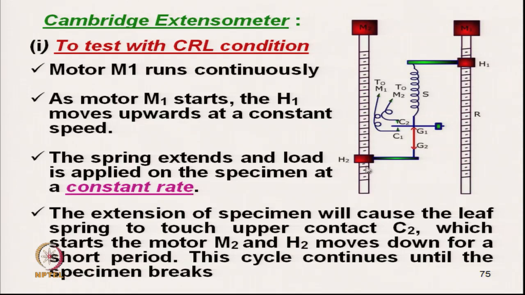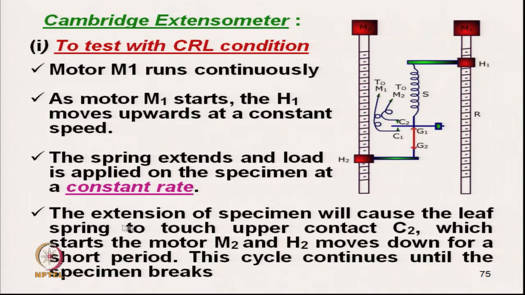When it is moving downward, the leaf spring will again move a little bit downward. So it will be disconnected again and the motor will immediately stop, but the motor M1 rotates continuously, it is moving upward.